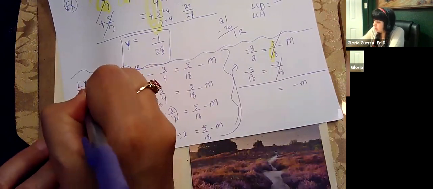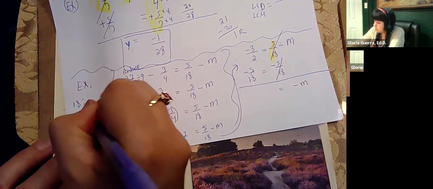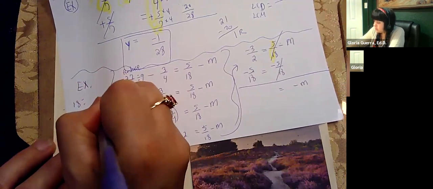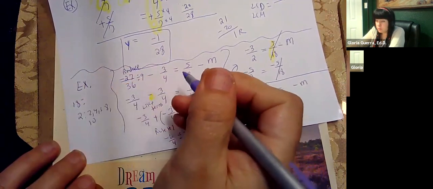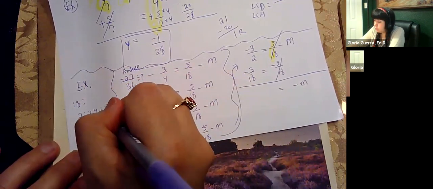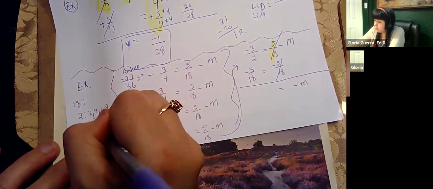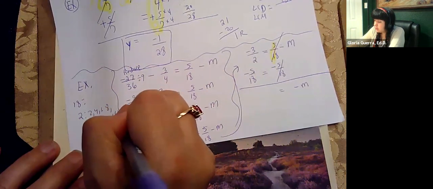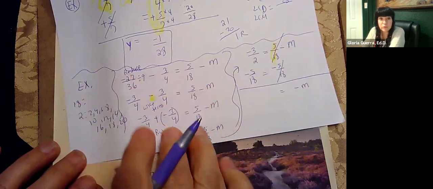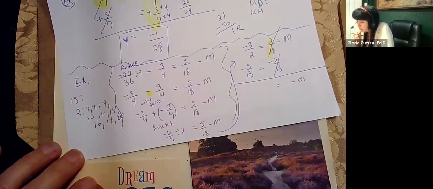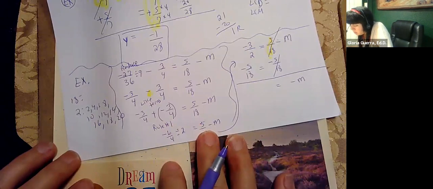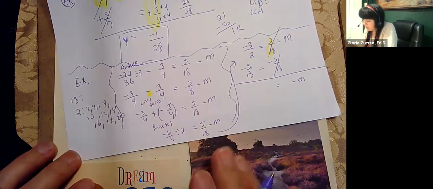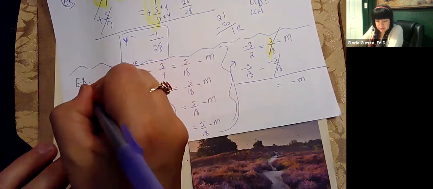18, 2 is even. So 2, 4, 6, 8, 10, 12, 14, 16, 18, 20, and so on. 18 times 1 is 18.